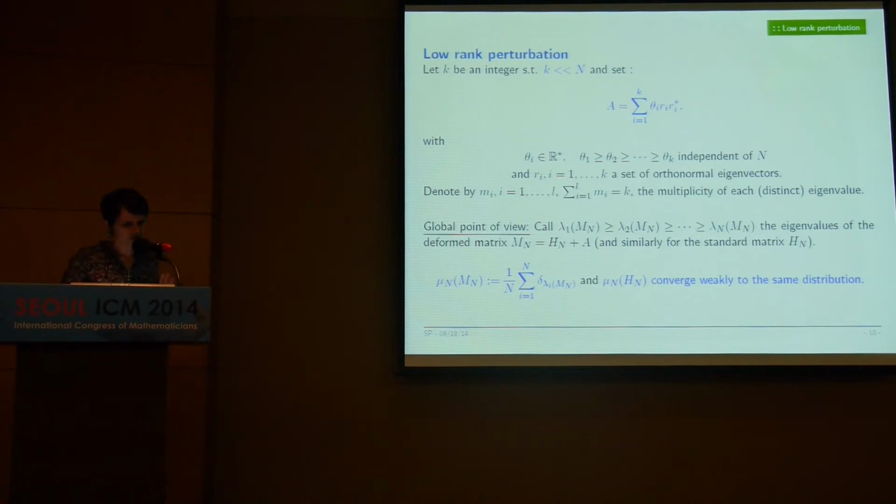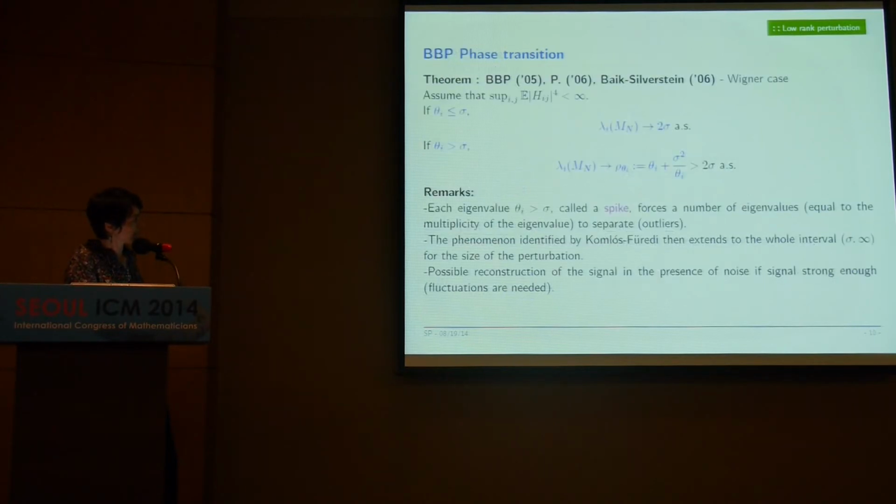So regarding the question about the impact of A on the asymptotic spectral properties of such a matrix, we can first answer from a global point of view. Essentially, nothing happens since both Mn and the standard matrix Hn have the same limiting empirical eigenvalue distribution, which is a semicircle distribution. This essentially follows from the interlacing property of eigenvalues due to Weyl, for example.